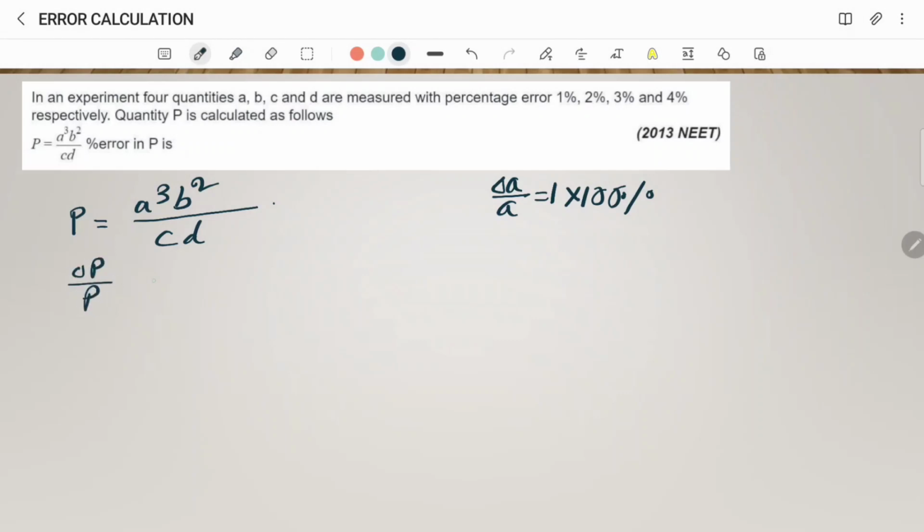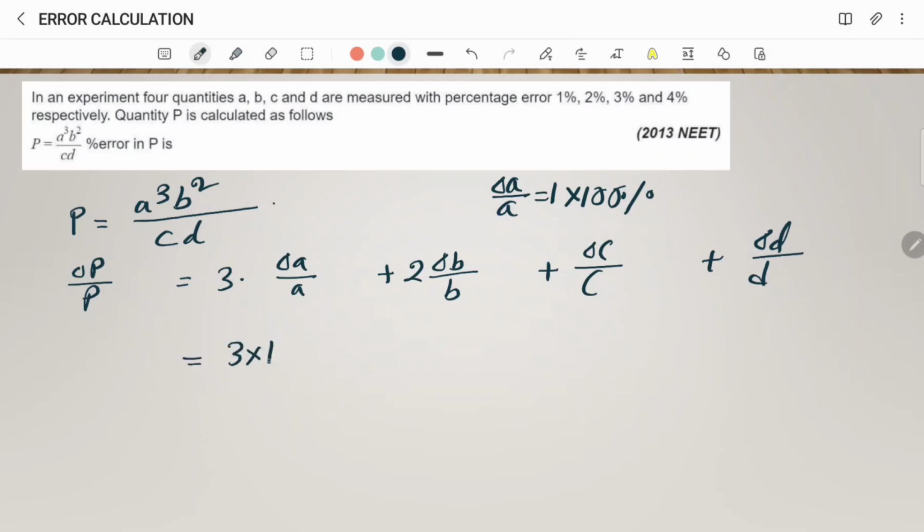Now, the relative error is 3 into delta A by A plus 2 into delta B by B plus delta C by C plus delta D by D. Now we are given the values of these quantities. 3 into 1. Now this is the percentage error, so we will have to multiply it by 100.